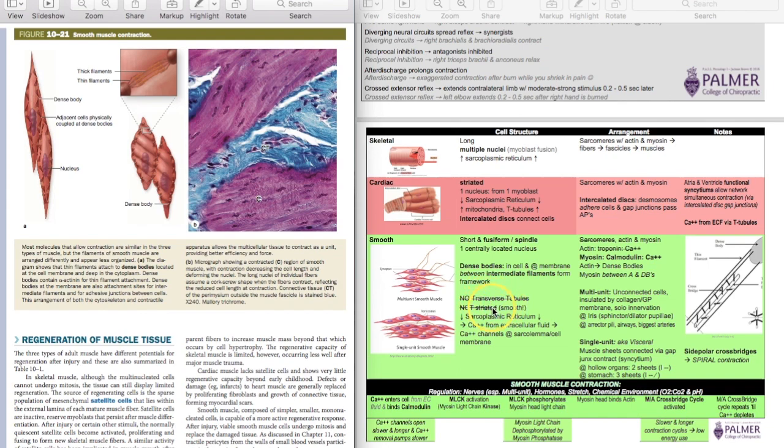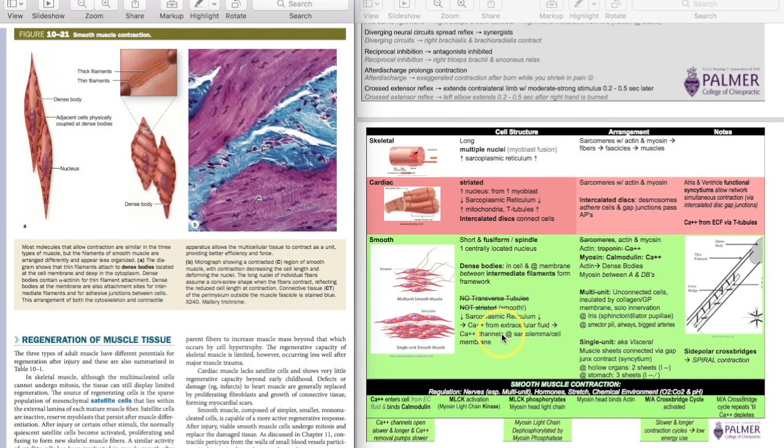There's no T-tubules. It's smooth. So there's no sarcomeres. It also has very little sarcoplasmic reticulum. And like cardiac muscle tissue, it's going to get calcium from the extracellular fluid, but not through the T-tubules. It gets it from little, quote-unquote, calcium channels in the cell membrane.